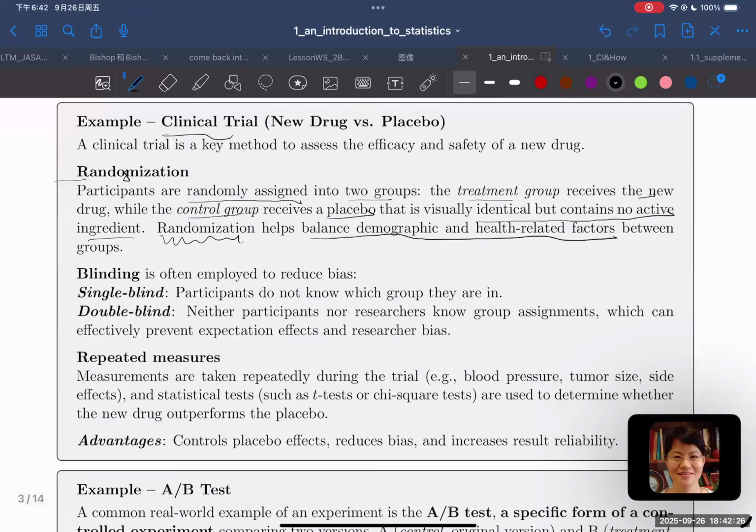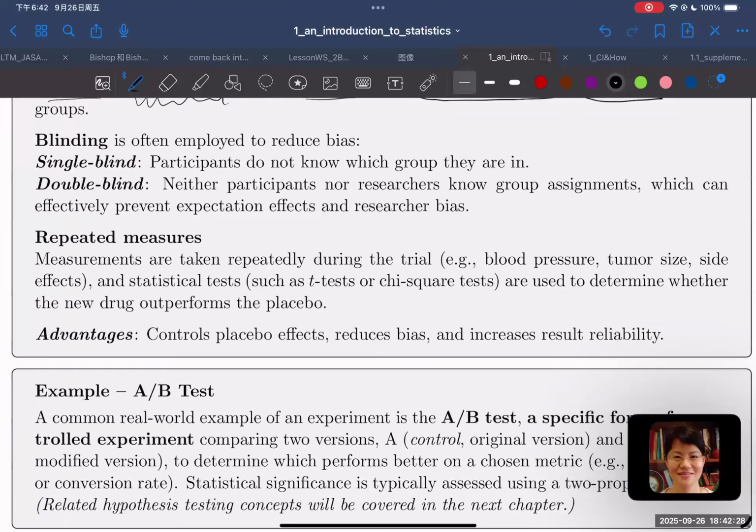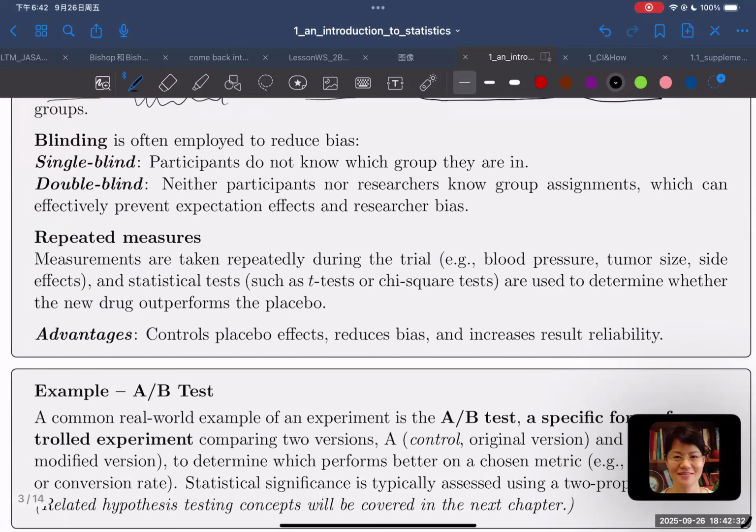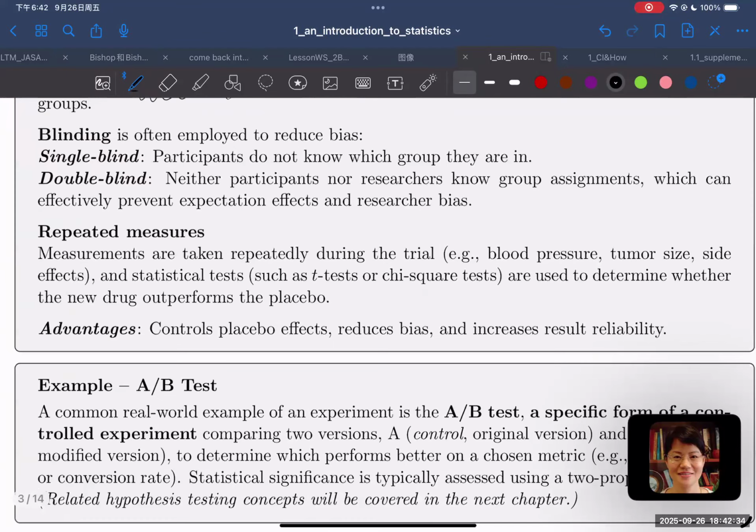And here, attention, such an RCT has several characteristics. Number one is blinding, and sometimes it is single blind or double blind. Blinding is often employed for the purpose of reducing bias.